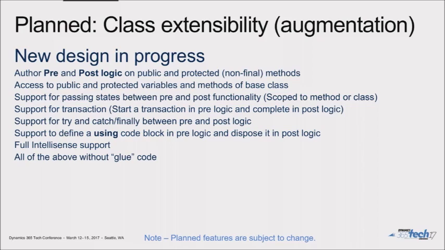Do things like try and catch, also within the pre and post logic of a particular method. Using code blocks, if we get to implement all of the requirements, you will also be able to have a using code block that starts in the pre-logic of a method and completes in the post-logic of a method. And last but not least is all of the above without writing ugly glue code.